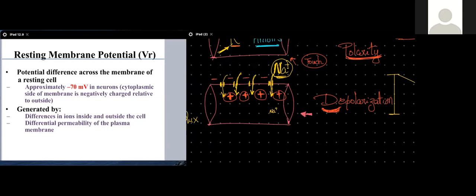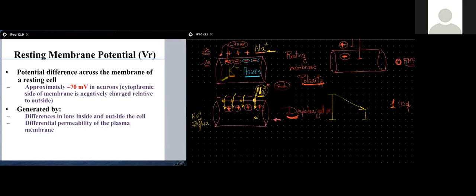Can you open a door when this door is already open? Can you open an open door? Or can you close a closed door? No, you can't. So in order for me to create another signal, I need to go back to my initial membrane polarity, to my resting membrane polarity. I need to go back to the negative 70 millivolts.